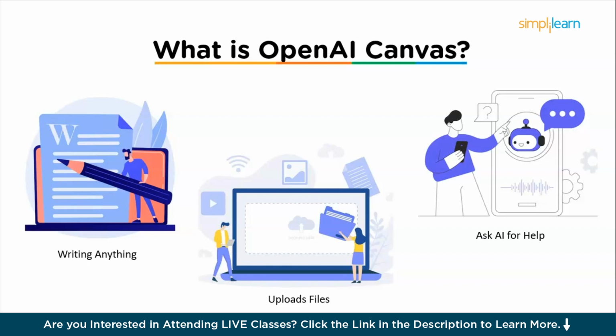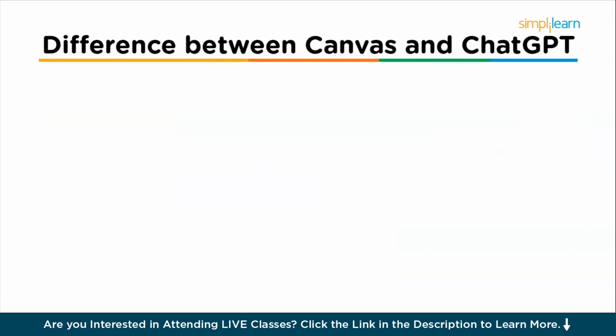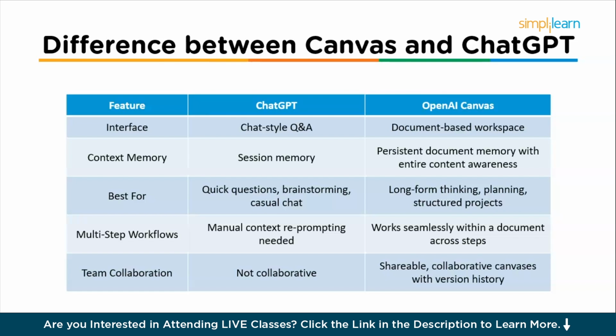So let us now understand the difference between Canvas and ChatGPT. Here is the difference. The interface: in ChatGPT, the interface is chat-style question and answer, but in OpenAI Canvas, it is a document-based workspace. The context memory: this is a session memory for ChatGPT, and for OpenAI Canvas, a persistent document memory with entire content awareness.